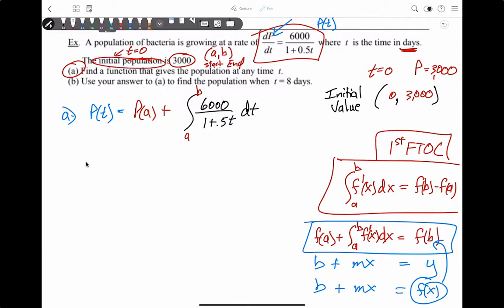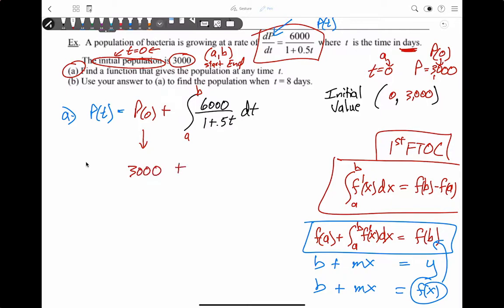And if our initial population is 3,000 when t is 0, that means a is 0. So we could say P of a, or P of 0, would be 3,000. So I can go ahead and replace this P of a, otherwise P of 0, with 3,000.